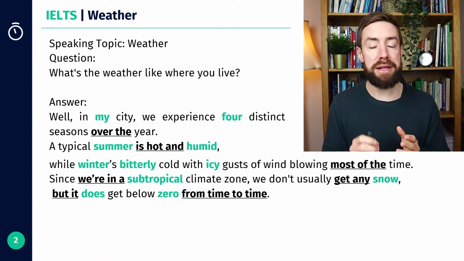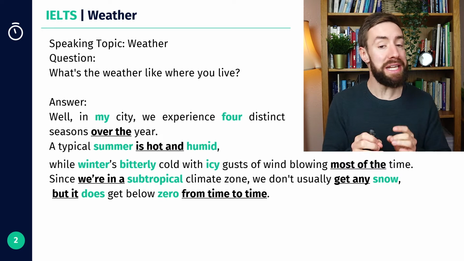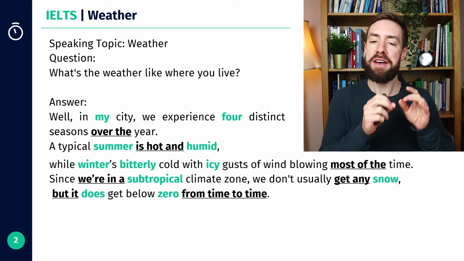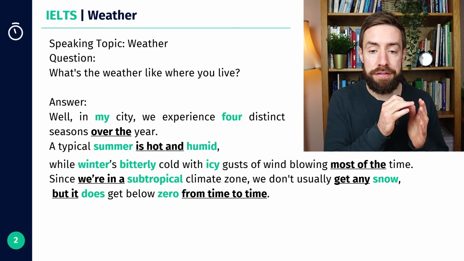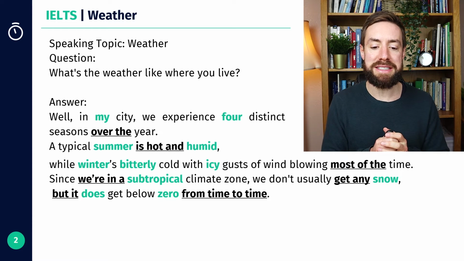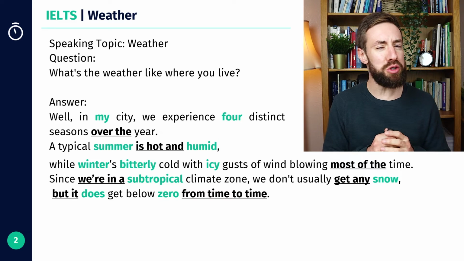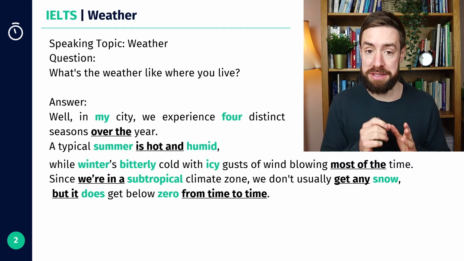But it does get below 0 from time to time. So the from time to time becomes from time to time. So that whole sentence: since we're in a subtropical climate zone, we don't usually get any snow, but it does get below 0 from time to time.